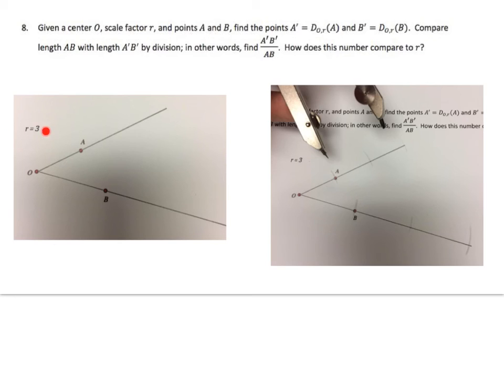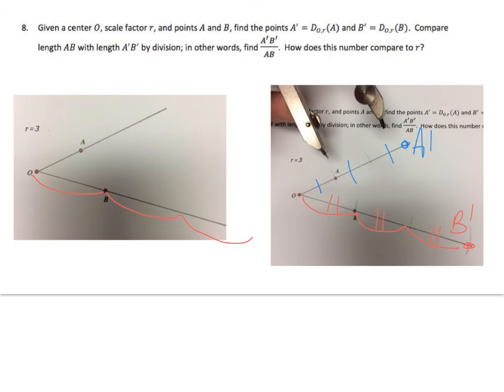Alright, so our scale factor here is 3. So I drew a line through here and there. I used my compass, just measured the distance here and did it 2 more times, which you'll see. So these segments are all equal, and I found A prime and B prime.